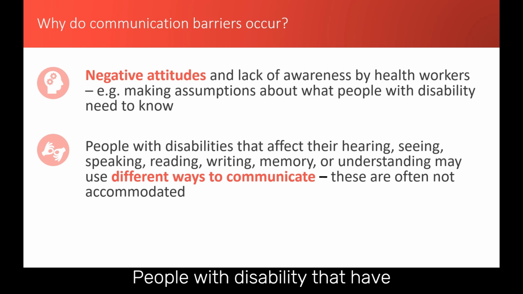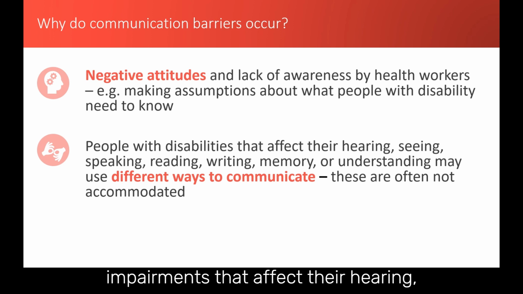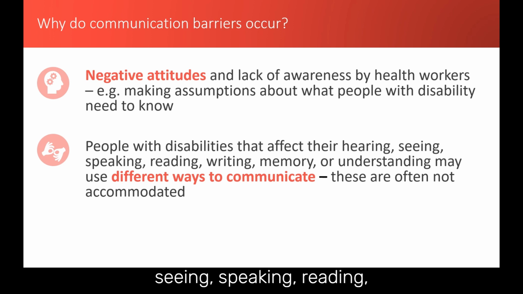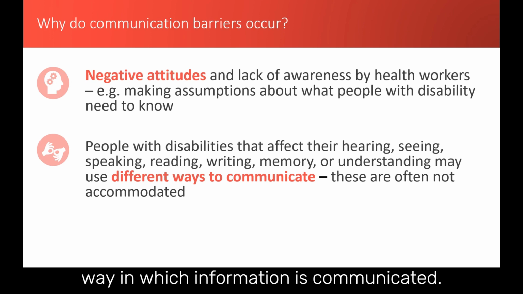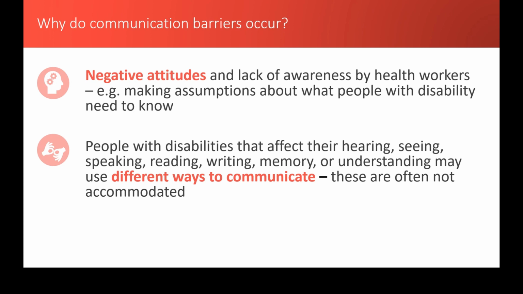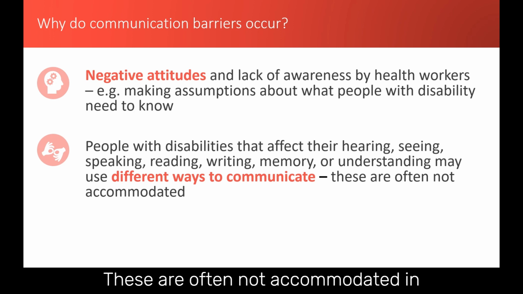People with disability that have impairments that affect their hearing, seeing, speaking, reading, writing, memory, or processing of information may need alternative forms of communication or adaptations to the way in which information is communicated. These are often not accommodated in healthcare settings.